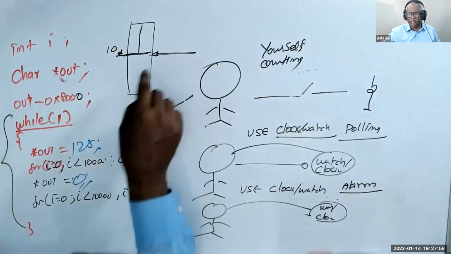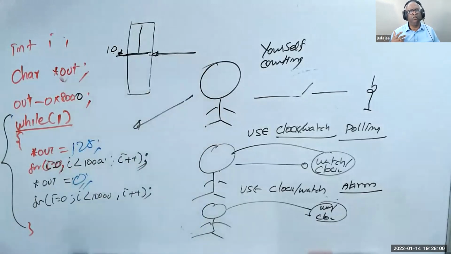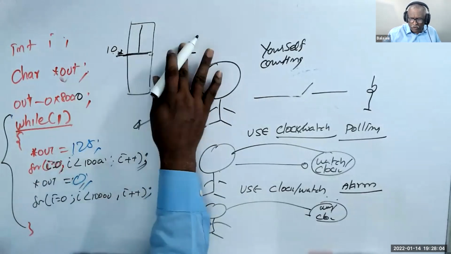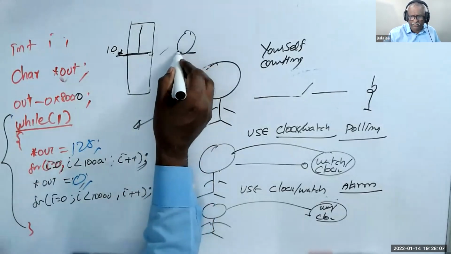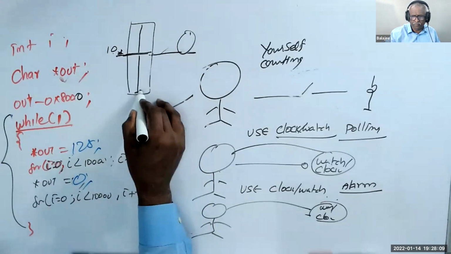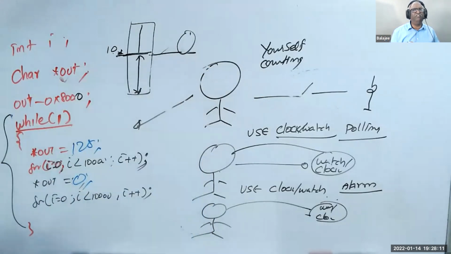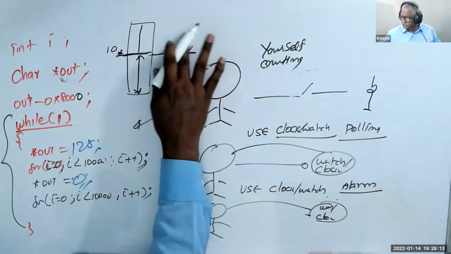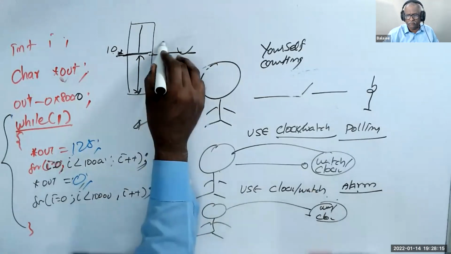Then you will attend to the alarm. If somebody knocks on the door, you'll say, what do you want? Then after you have done the work for him, you will come back to the 11th page. That's why this alarm is called interrupt.